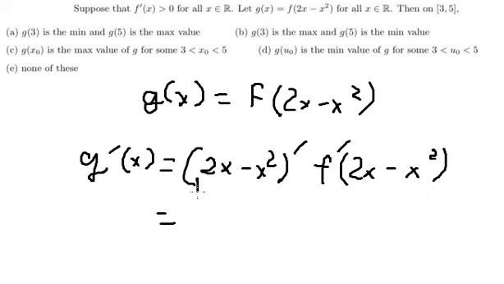The first derivative of 2x gives you 2. The first derivative of x squared gives you negative 2x, because we have the negative sign here.